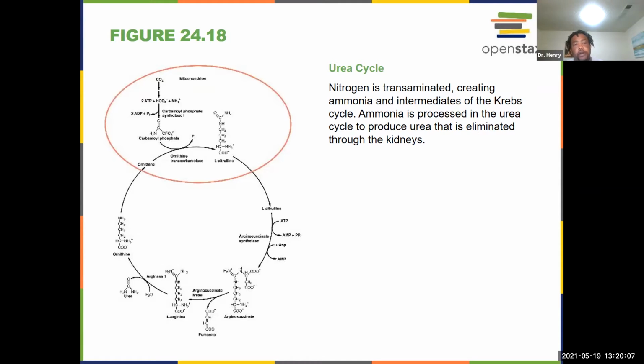And then you're going to get ammonium, the ammonium ion, because some of the ammonia is going to be converted to ammonium. And it's going to take that ATP and use that energy.